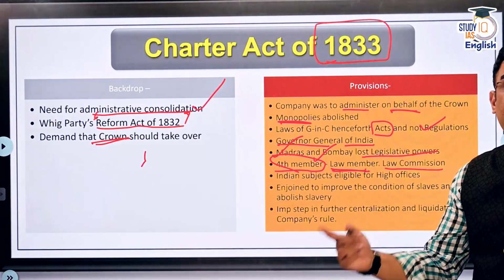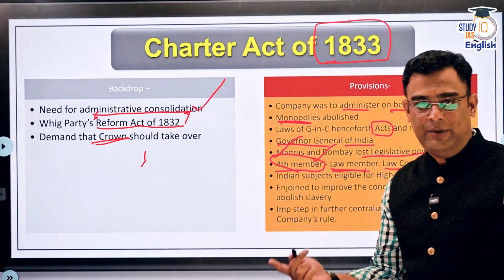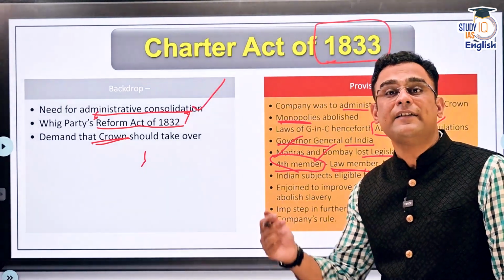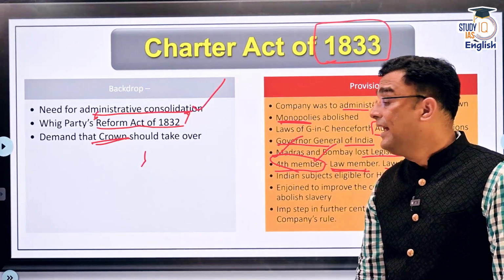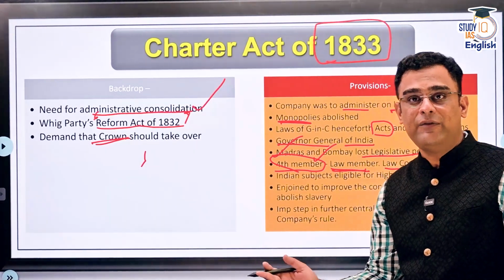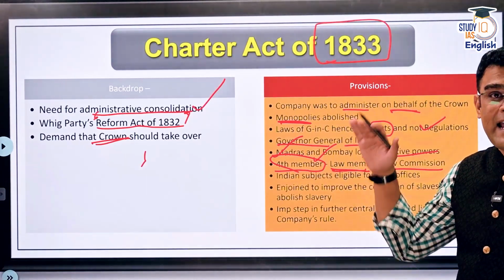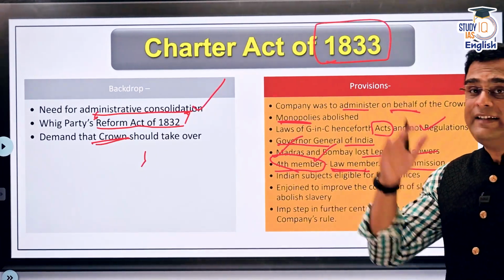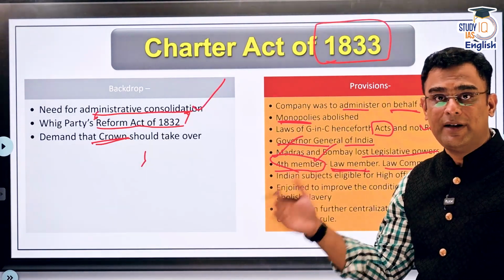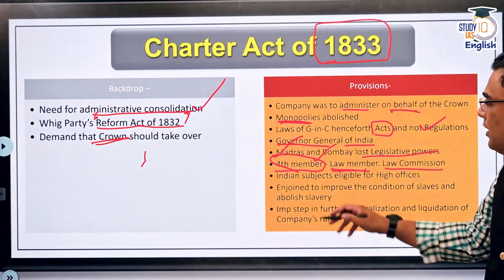By the way, Lord Macaulay was also made the head for deciding the system of education in India, and he came out with that famous Education Minute in 1835, which decided the type of education that Britishers will provide in India. That's a very significant development in our history, particularly in the area of education.